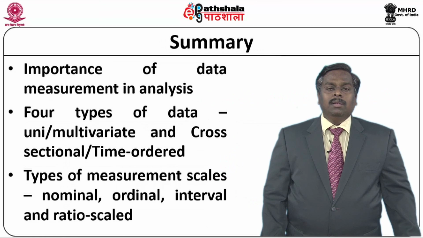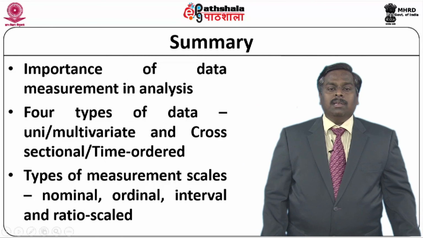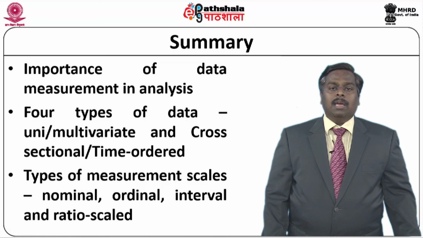So in summary, in this module we discussed the importance of measurement in analysis. If the measurement of data is correct and the type of data is identified correctly, then only the analysis will be correct. We discussed 4 types of data: univariate and multivariate data, and the second type of category, cross-sectional and time-ordered data.